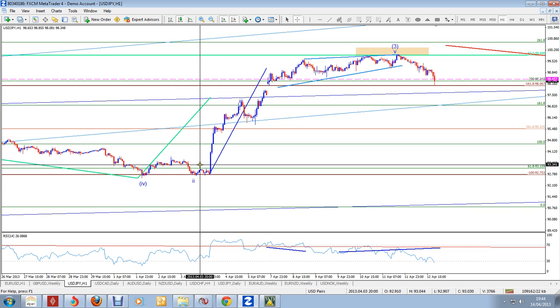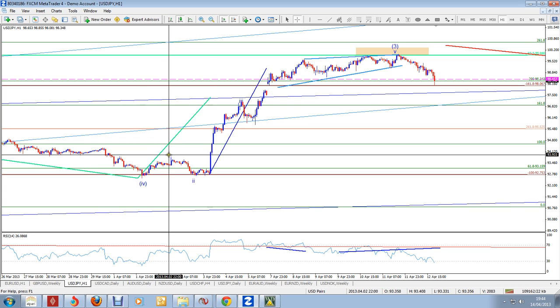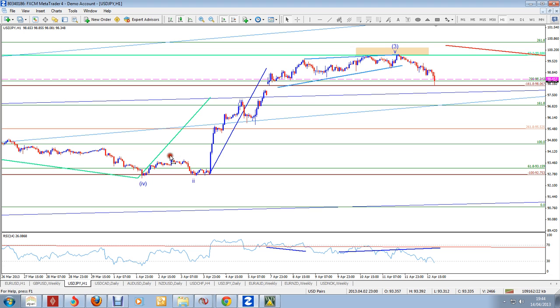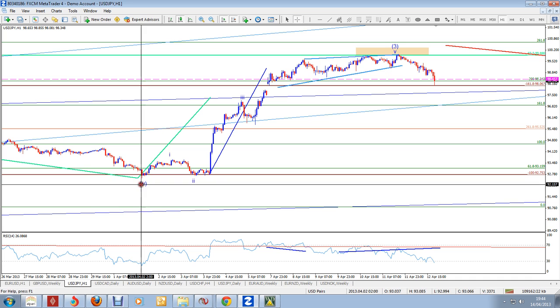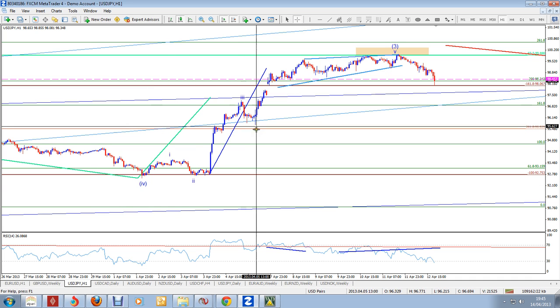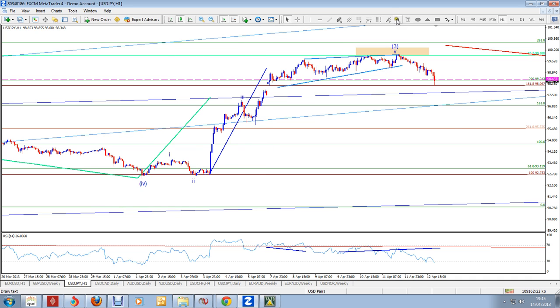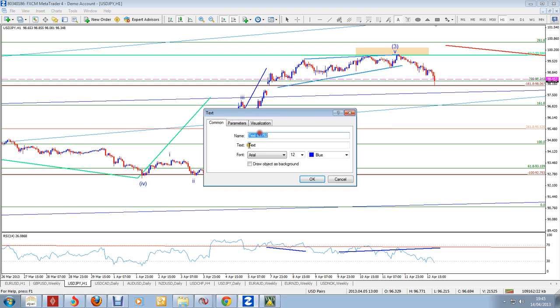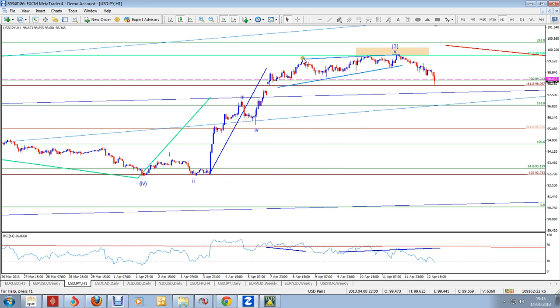So we got 1, 2, sorry, here 1, 3, so 1, 2, 3, 4, so that should be 4 here. Wave 4, and then we got this last one ending diagonal, wave 5.